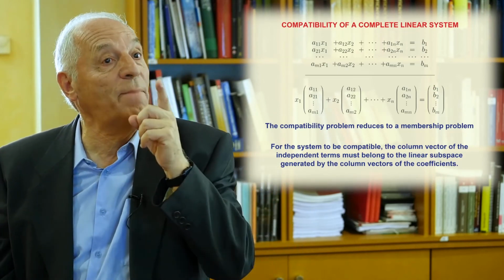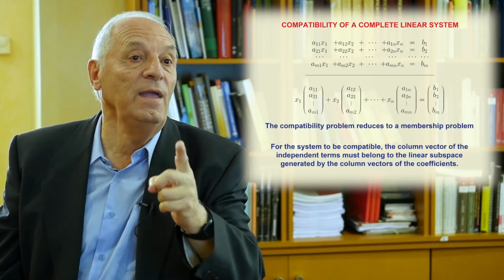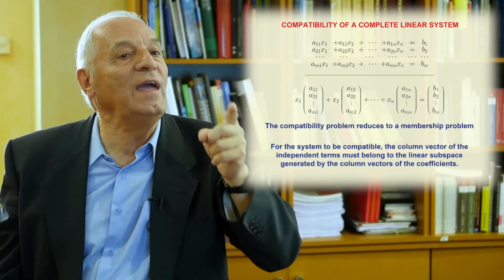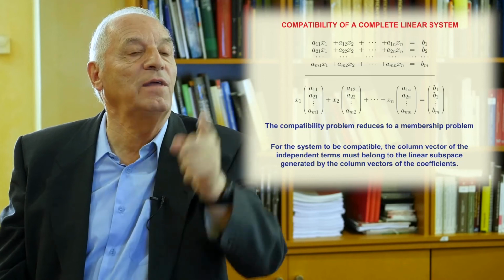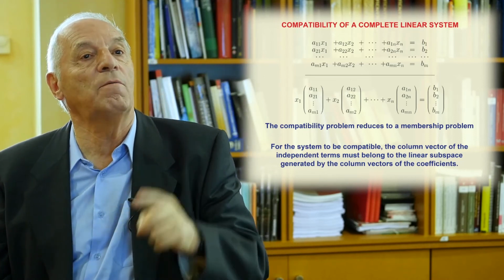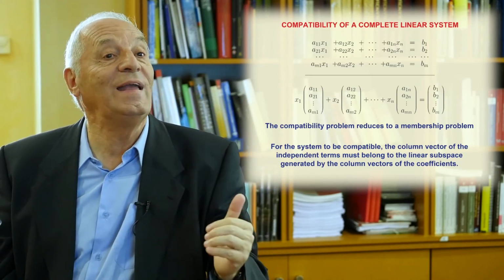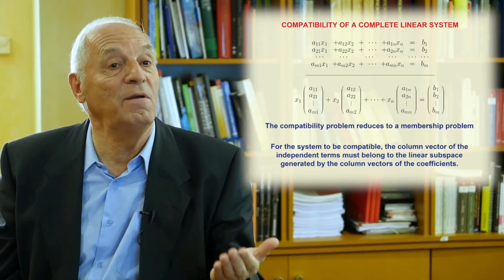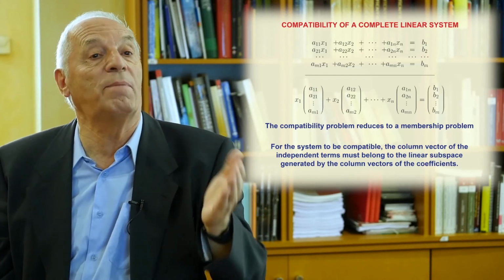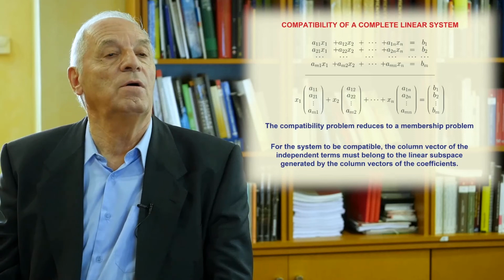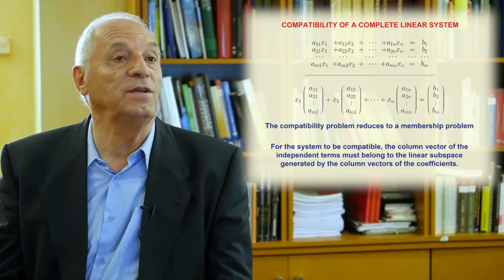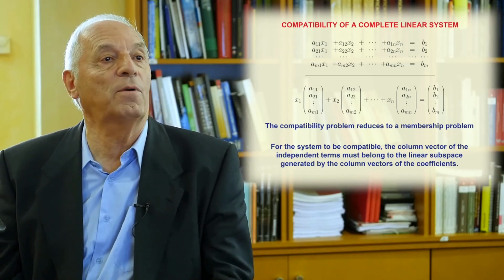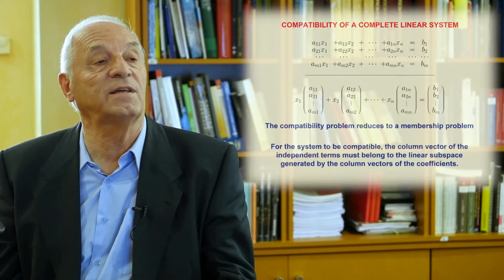So the system is compatible if the vector b belongs to the linear subspace generated by the columns. So the columns of the complete system will give us very important information to see if the system is compatible or not. So the problem of compatibility reduces to a membership problem that we have studied before.